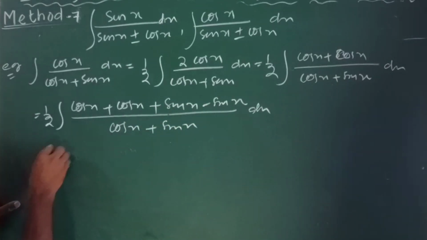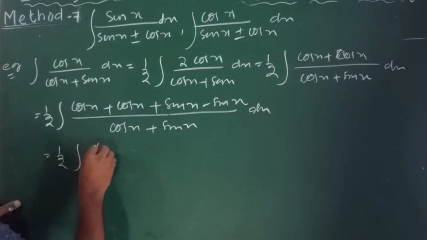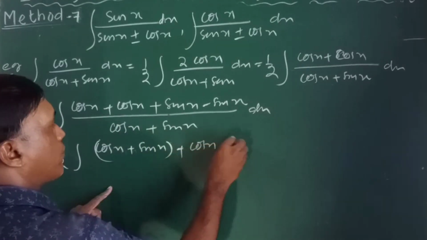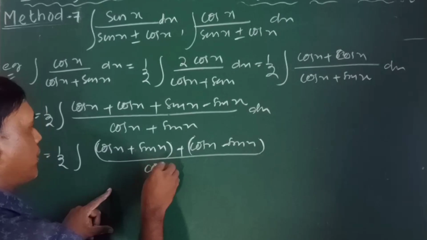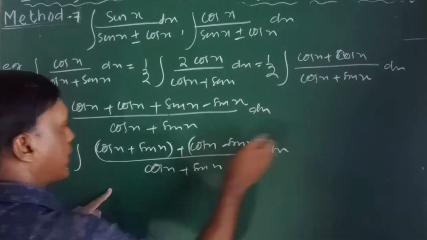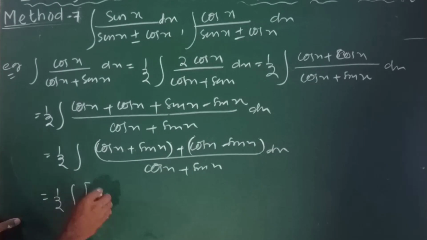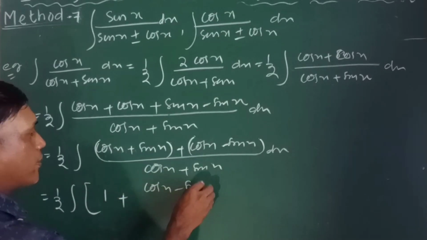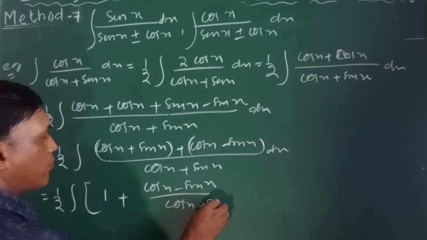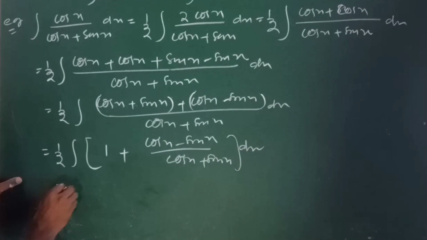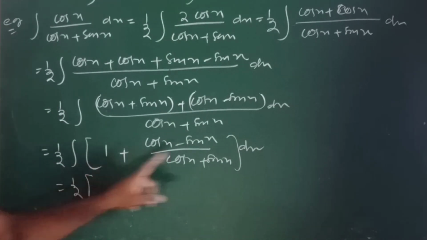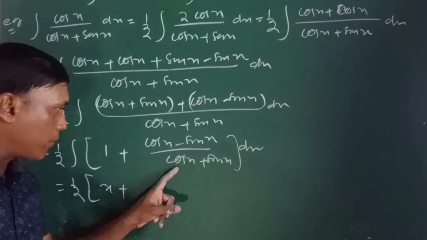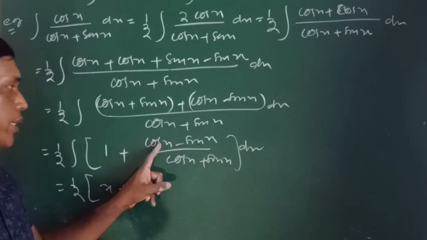Now what happens? 1 by 2 into integration of cos x plus sin x plus cos x minus sin x, by cos x plus sin x dx, which is equal to 1 by 2 into integration of 1 plus cos x minus sin x by cos x plus sin x, which is equal to 1 by 2 into integration 1 dx is x plus, look at here, the derivative of cos x plus sin x is cos x minus sin x.